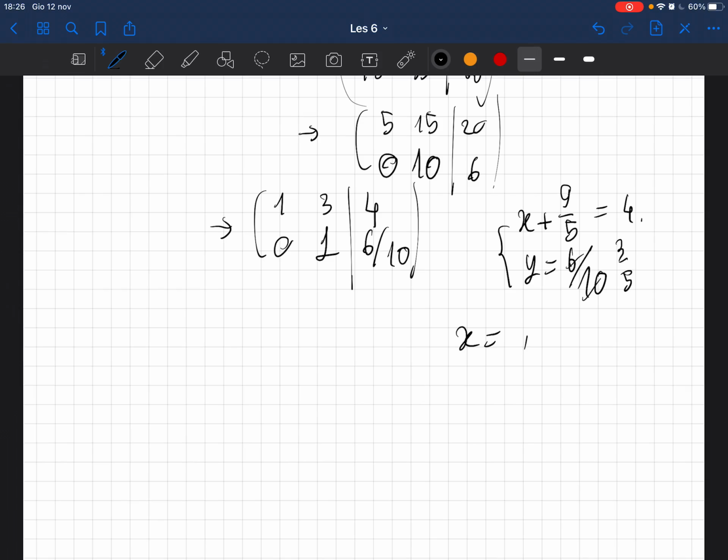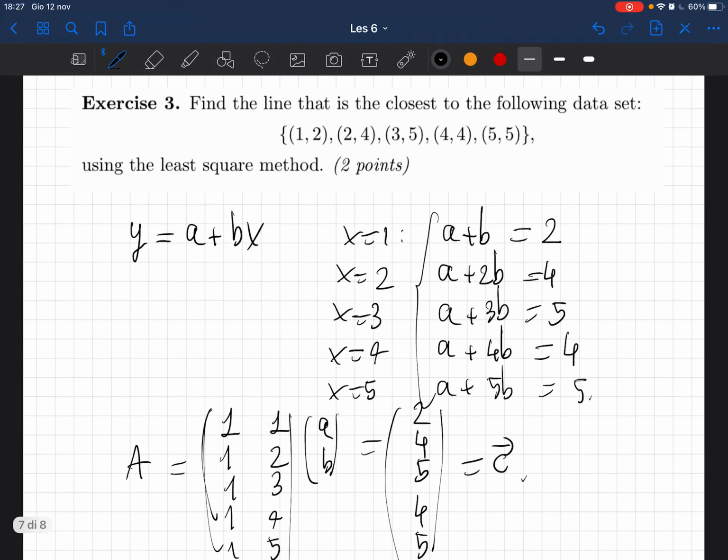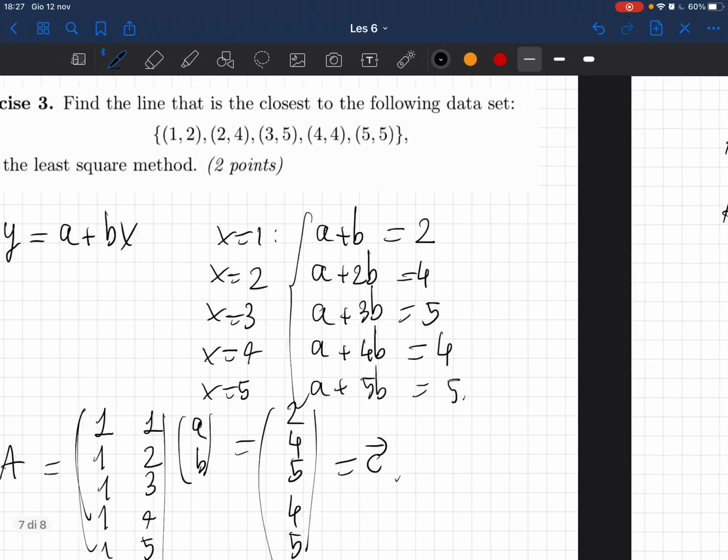So it's going to be x equal to 4 minus 9/5, no, 11/5. So the final solution is 11/5 and 3/5, and it's okay. Good, we made it, and yeah, this is it.